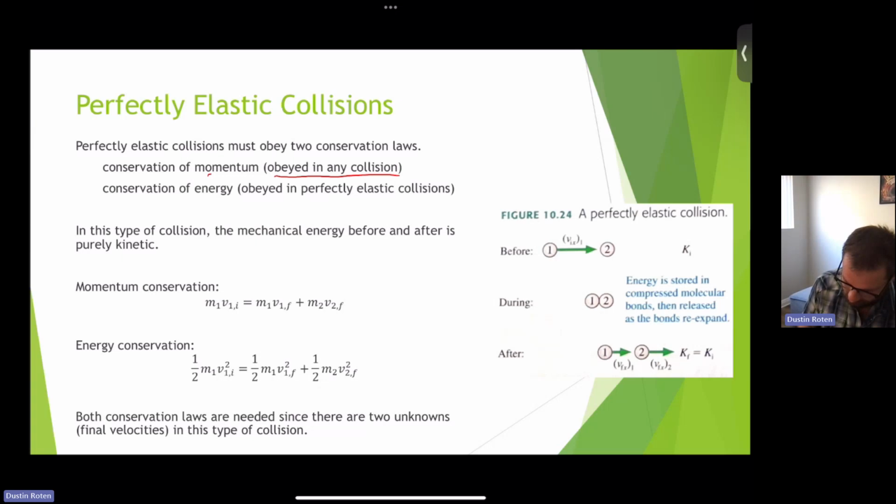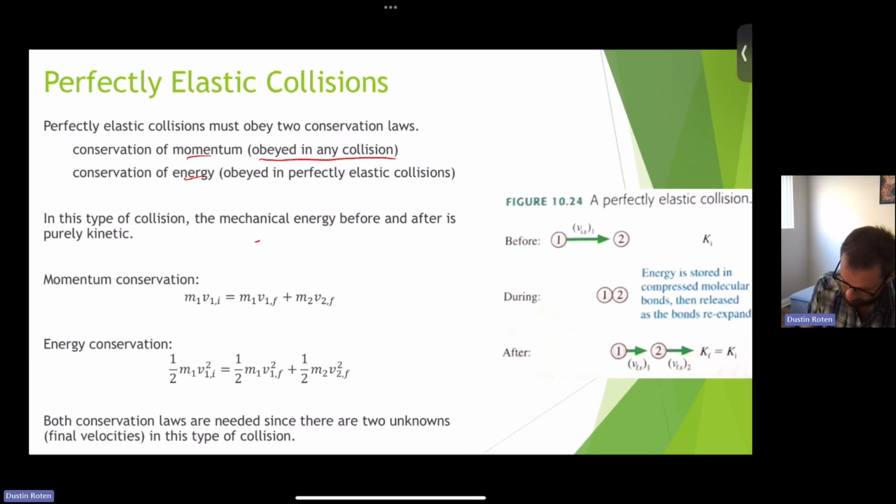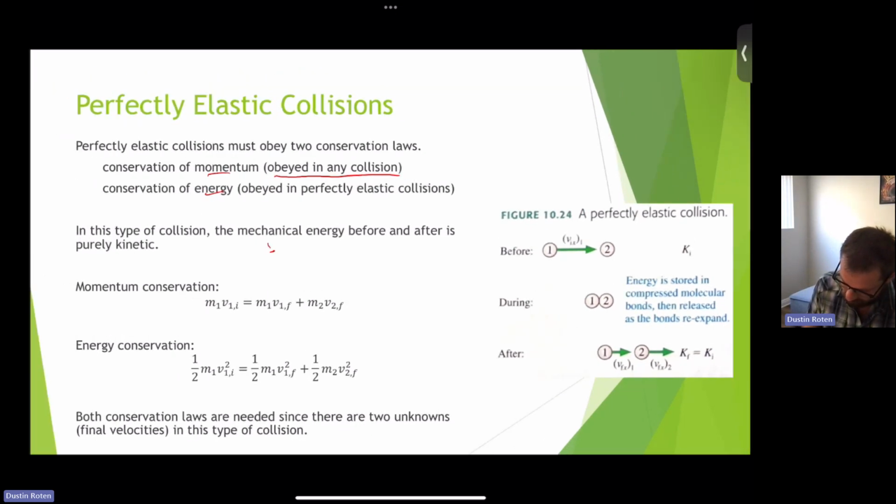So we have momentum and we have energy, and both are going to hold up. Do keep in mind that the mechanical energy before and after is purely kinetic. You have kinetic energy going in, the collision happening, then you still have kinetic energy and no gravitational potential energy or anything afterwards.